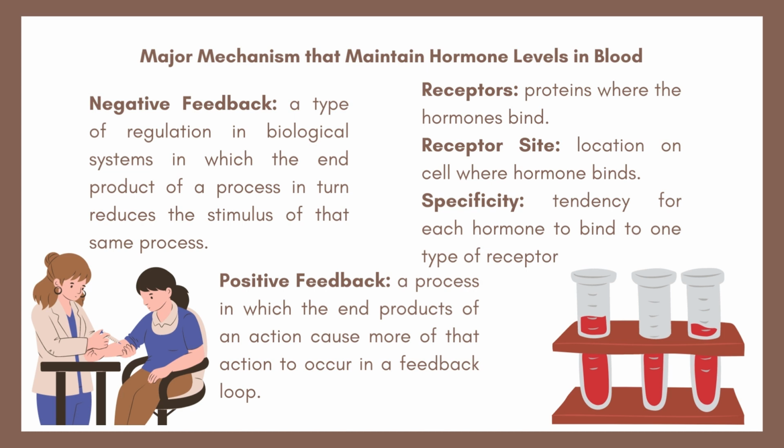Oxytocin is released in both childbirth and breastfeeding. Once the oxytocin is released, it causes additional release of oxytocin. During childbirth, release of oxytocin results in uterine contractions, and uterine contractions cause additional oxytocin to be released.